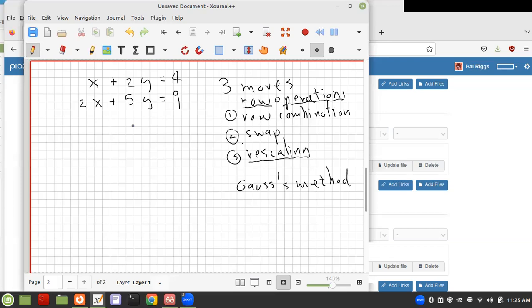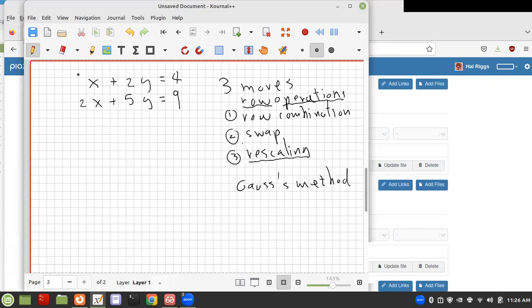So if we want to find all the pairs of values, x and y, that make both these equations true, that's what a solution is. We're guaranteed that these 3 operations will allow us to do that because they don't introduce any new solutions, and you don't lose any old solutions. So we're transforming this system into an equivalent system that has the same solution set. Instead of going straight for the answer, we're going to transform it into a simpler system.